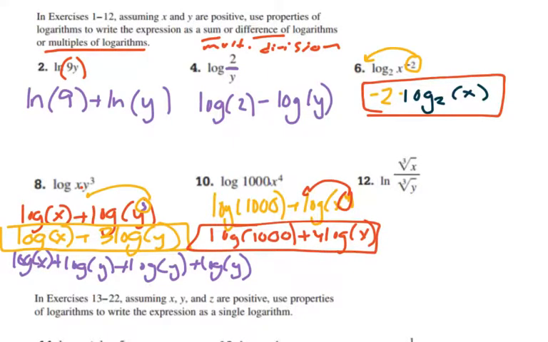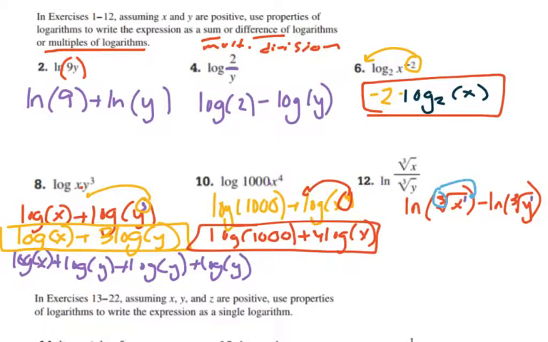And then our last one has some subtraction because of the division, so we'll end up with natural log of the 3rd root of x minus the natural log of the 3rd root of y. Hopefully remember that roots are actually powers, and so we bring that root into the denominator of the power.